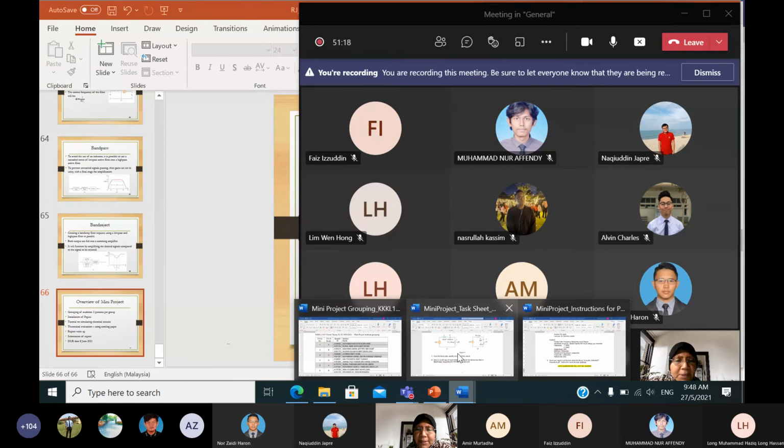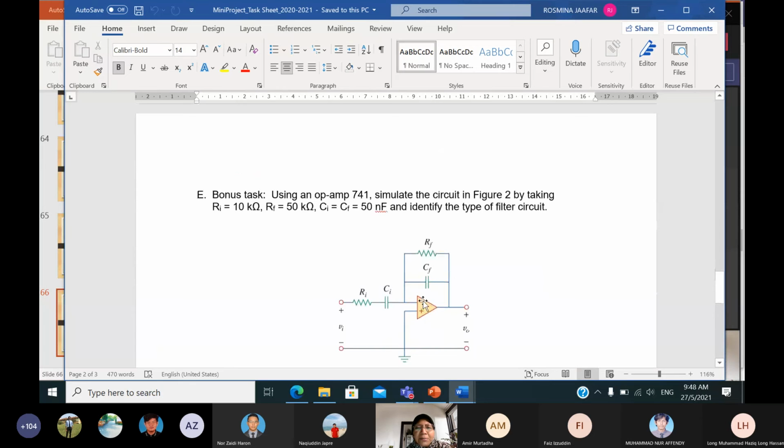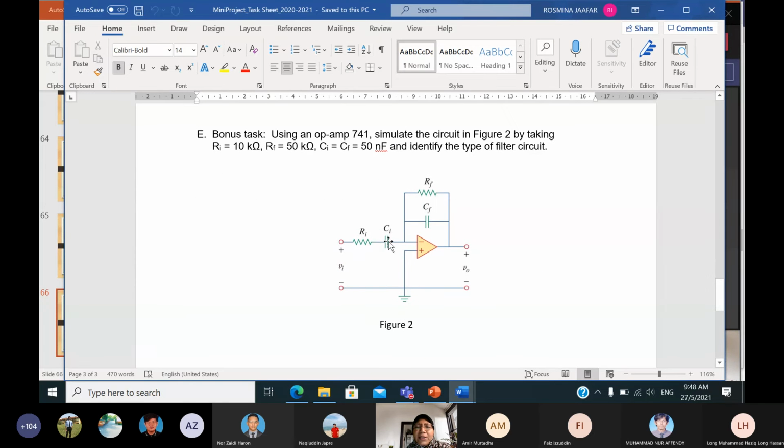Okay, so from here the bonus is at the bottom. There are two parts, so two capacitors in the feedback and in the input. So from there you can guess now what kind of filter that is. But until you simulate it, then you know exactly. So this bonus part is, as I said, just for you all to experience dealing with active filters.